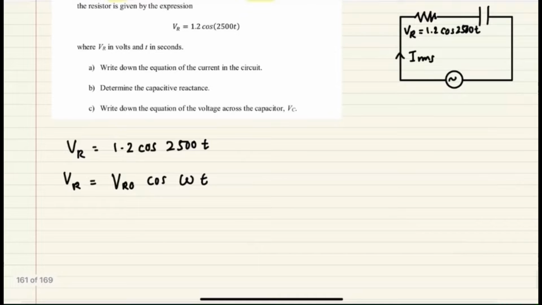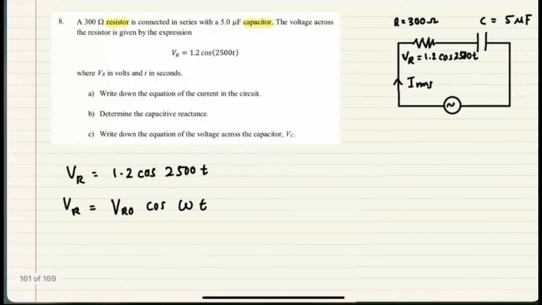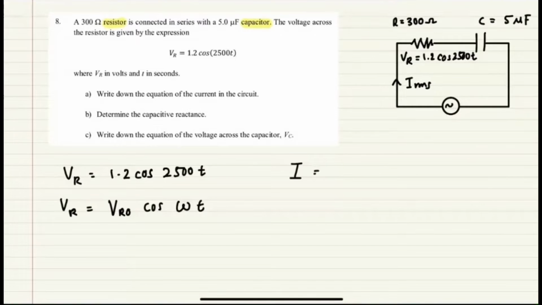Actually you want to write the equation of current. So for the equation of current, I have to use the general equation I equals I naught cos omega t. Let me explain why it is cos. Basically you want to find I naught first. Omega is already given: omega is equal to 2500.